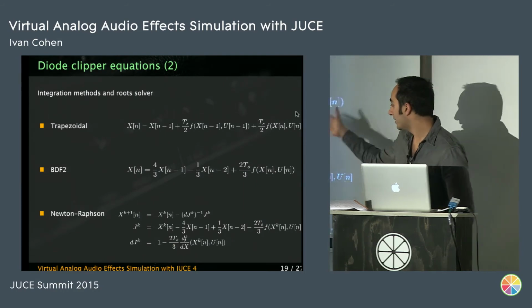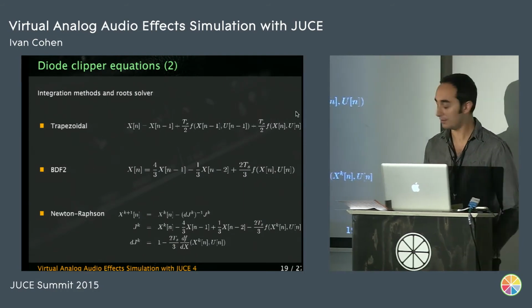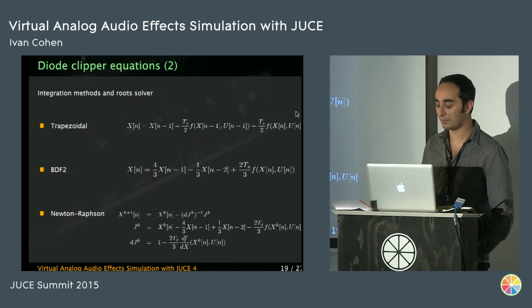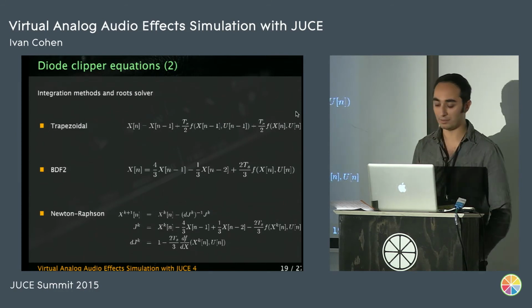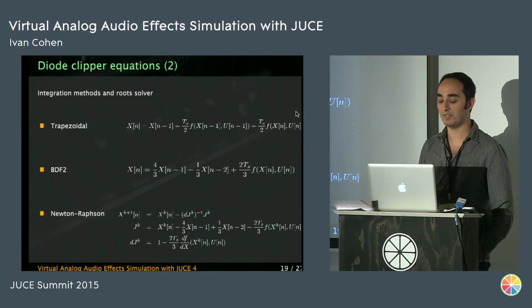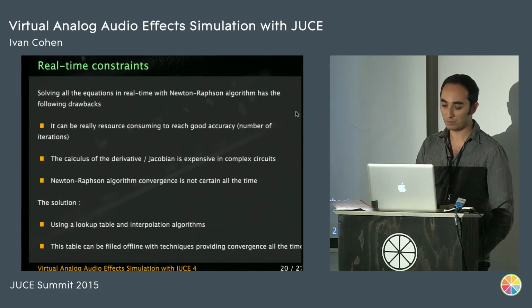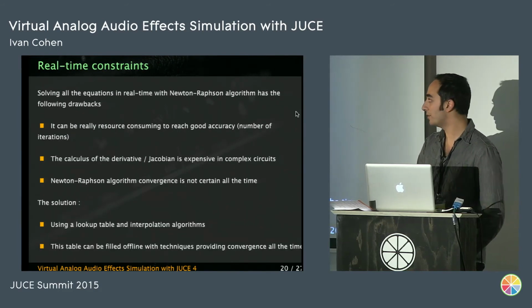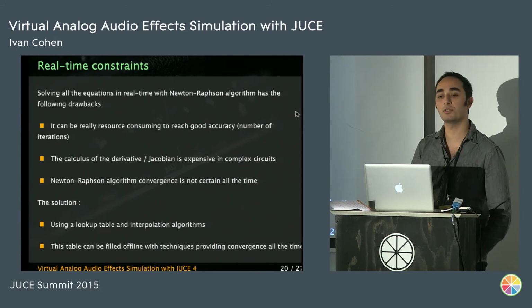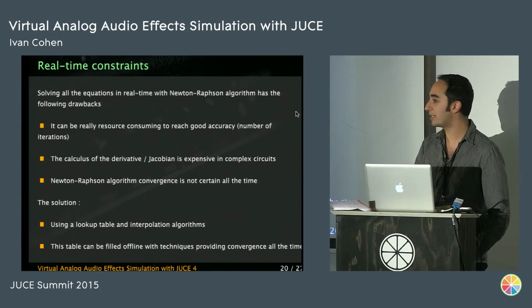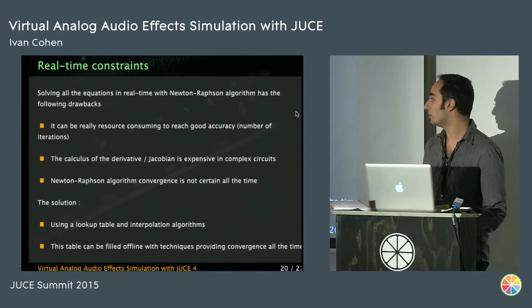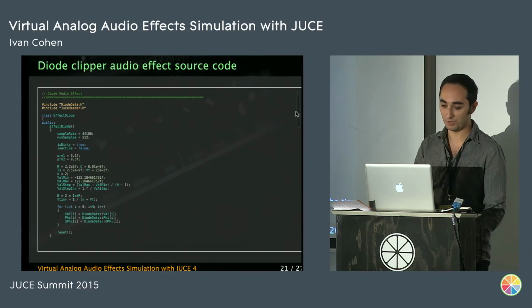It isn't difficult to write that in C++ code, but it's very expensive in terms of CPU load. So what we do in general is to use lookup tables computed offline with the Newton-Raphson method, and then we just have to apply some interpolation algorithms to get our outputs.